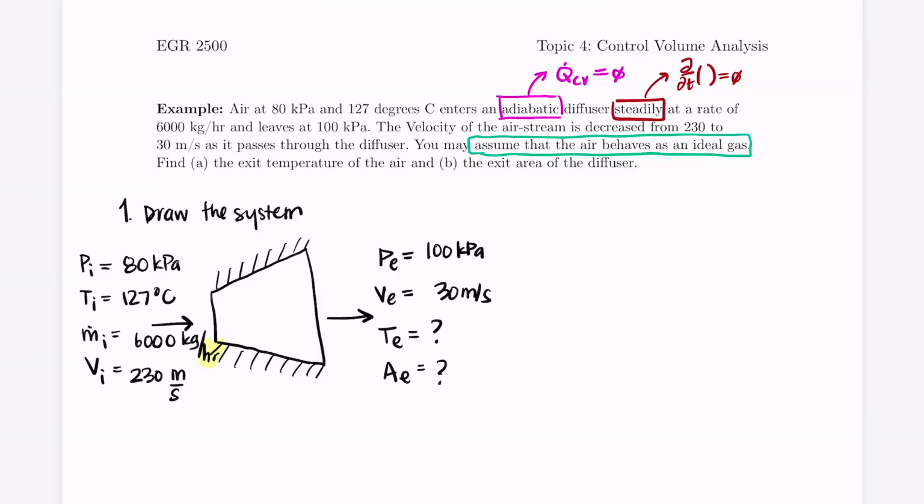All right, so we want to find those things. All right, our control volume is just going to be the contents of our diffuser. So this is our control volume. So our second step is draw the CV and write assumptions.